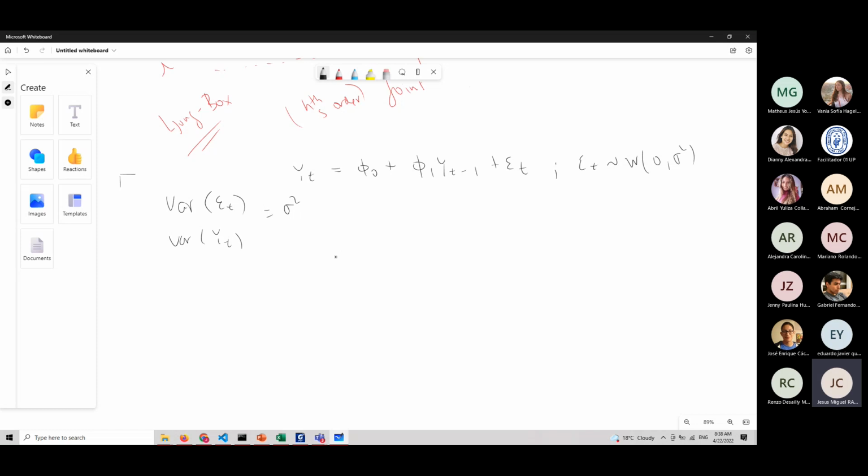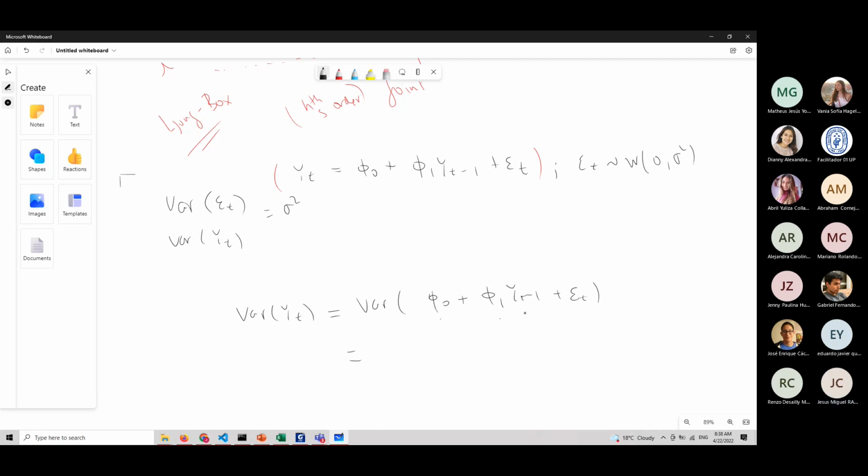To compute the variance of yt, we take the variance of the whole equation. Variance of yt equals variance of phi 0 plus phi 1 yt minus 1 plus epsilon t. The variance of a constant is 0.